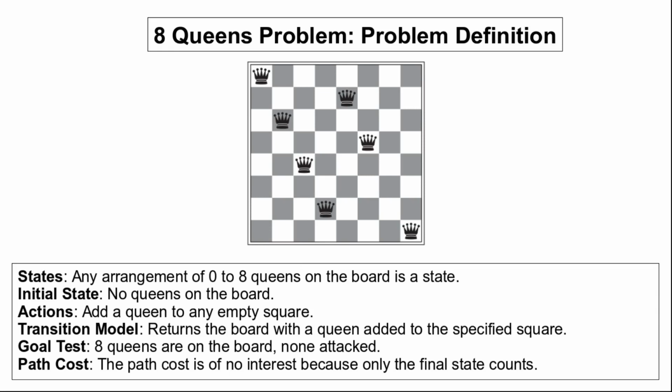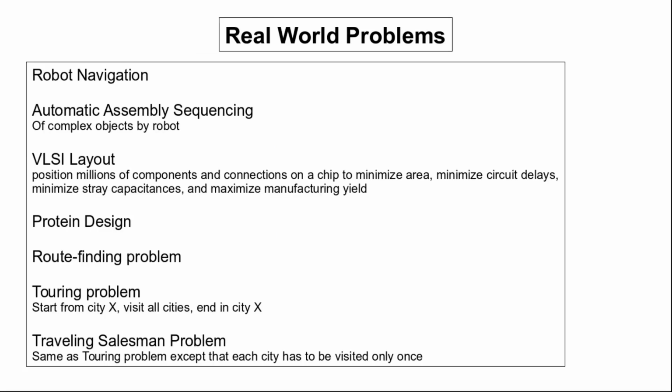Now there are other problems also which we can solve using search, and some of the real world problems that we can solve using search are listed here. For example, robot navigation. We want to move the robot in a room, so that problem also can be solved using search. Automatic assembly sequencing.